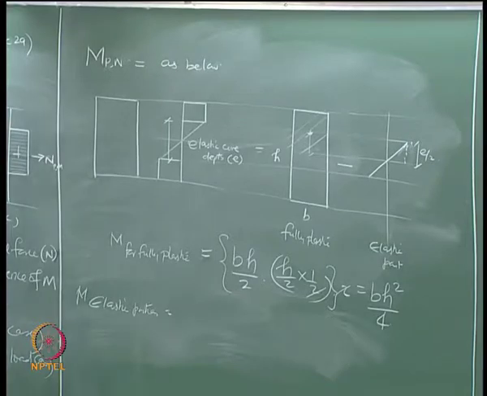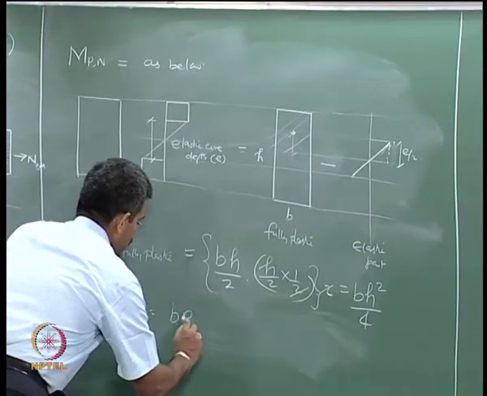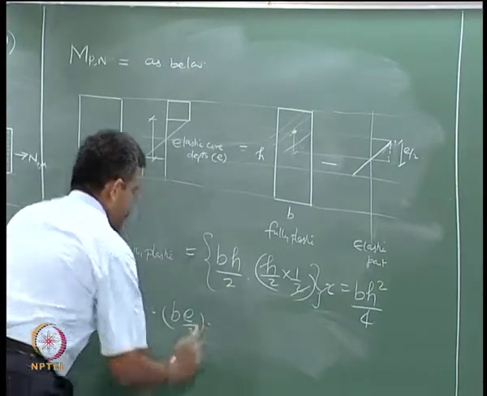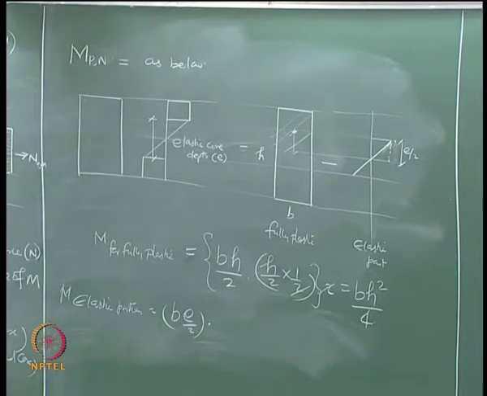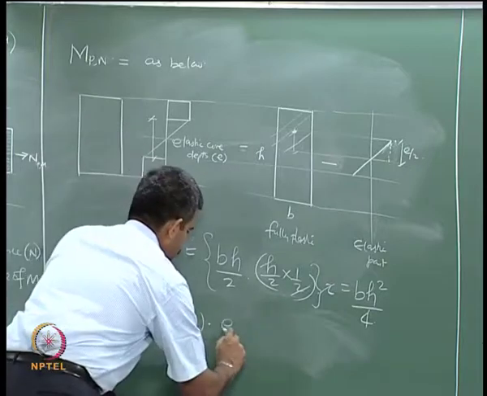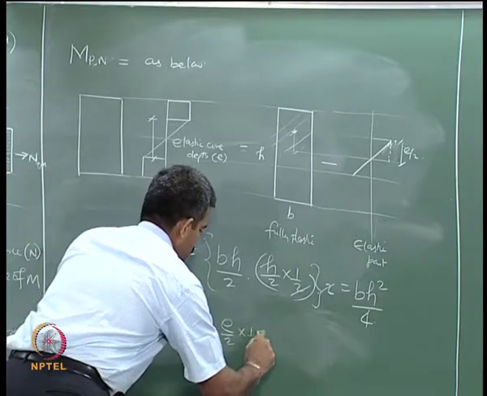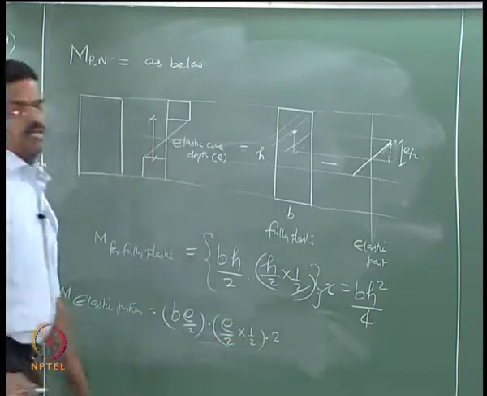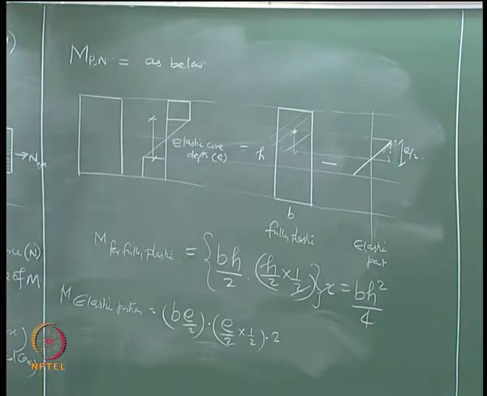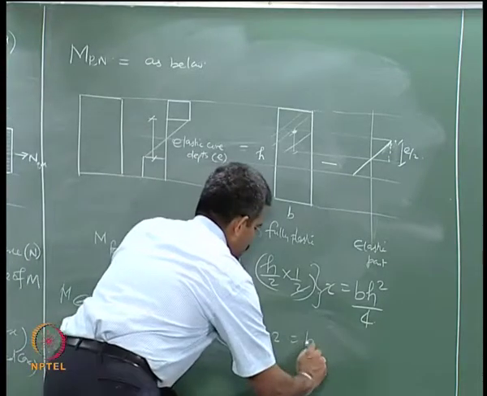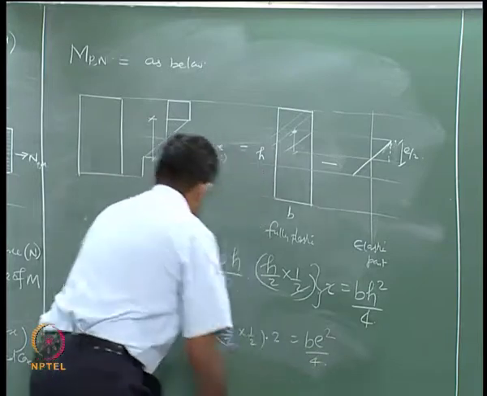We can write this as B into E by 2 into half of that into 2 parts of that, which will give me B E square by 4.